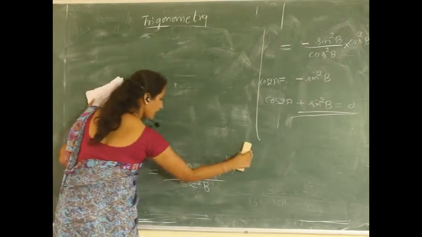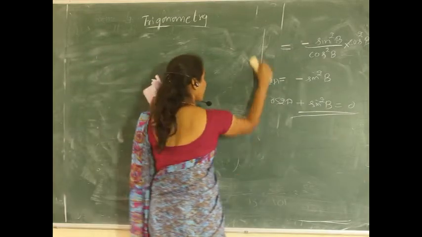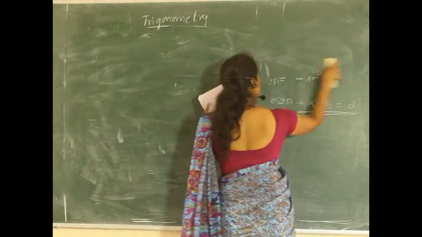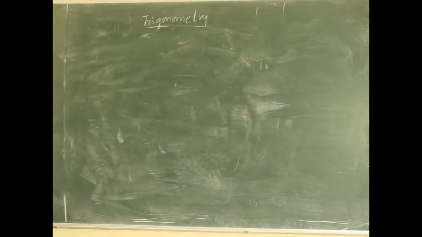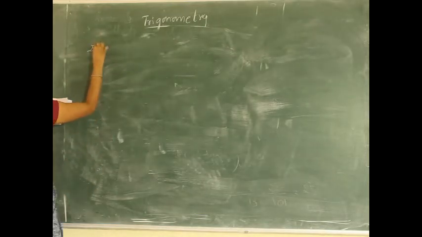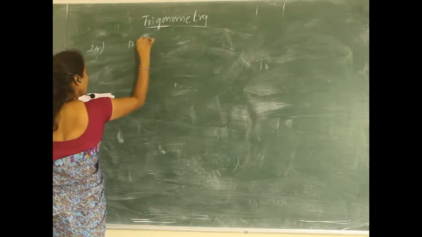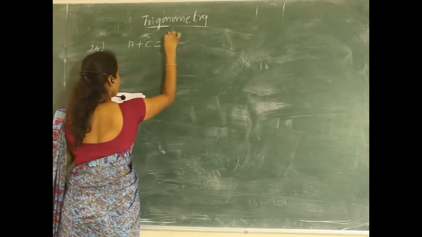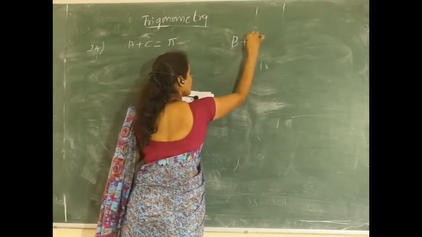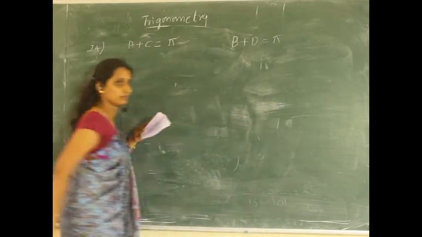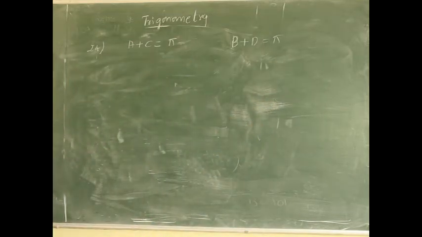We have to find the value of K in the given relation. If ABCD are the angles of a cyclic quadrilateral, then A plus C is equal to 180 or pi, and B plus D is also pi. The sum of opposite angles in a quadrilateral will be 180 degrees. So A plus C is 180 and B plus D is 180.